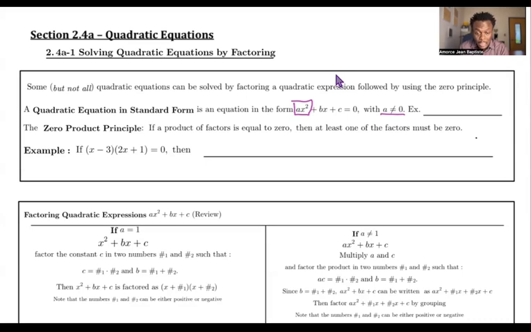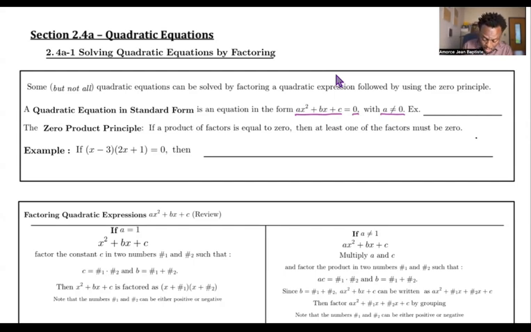And now it's in standard form when you have the expression entirely on one side of the equation, and on the other side, you have 0. Sometimes you may have to do some rearranging to get your standard form. But standard form is when you have the quadratic expression on one side of the equation and then 0 on the other side.